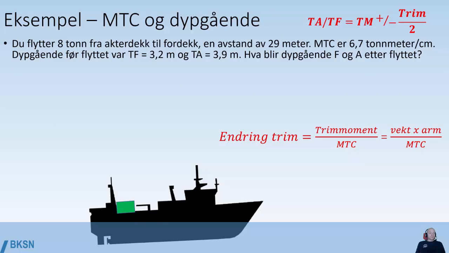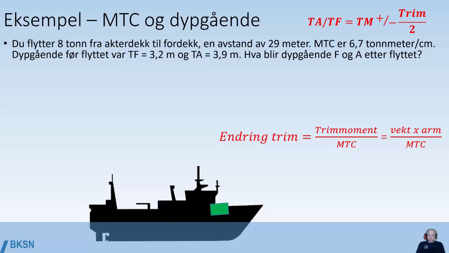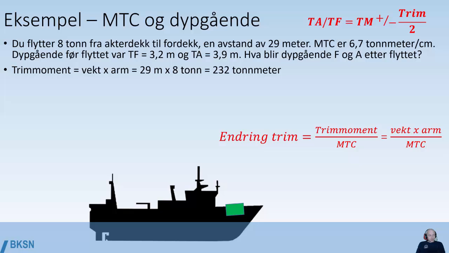Next case, you shift 8 tons from the aft deck to the foredeck, a distance of 29 meters, and an MTC of 6.7 ton meters per centimeter. The draft before you shifted the box was forward 3.2 meters and aft 3.9 meters. And what will be the draft forward and aft after you've done the move? Okay, we move the box, we see the trim changes. Trim moment in this case, weight multiplied by arm, 29 meters by 8 tons is 232 ton meters.